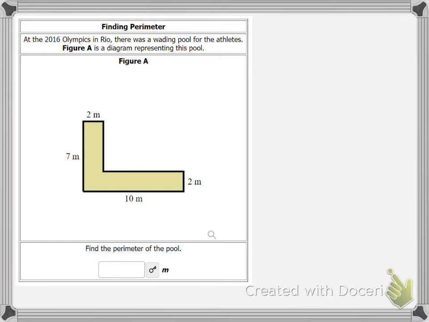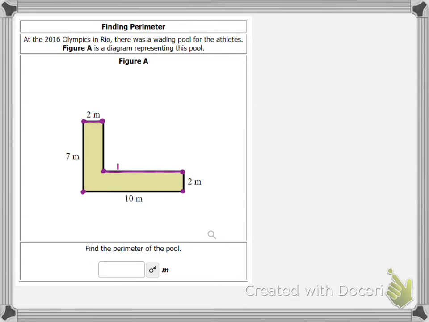So let's first look at the very bottom. I can see that all the way across the bottom, the side length is 10 meters. If I look at the top, I see the side length at the very top is 2 meters. Now, if I were to imagine that going all the way across on the top was also a total of 10 meters, then the remaining section that does not have a label would have to be 8 meters long.